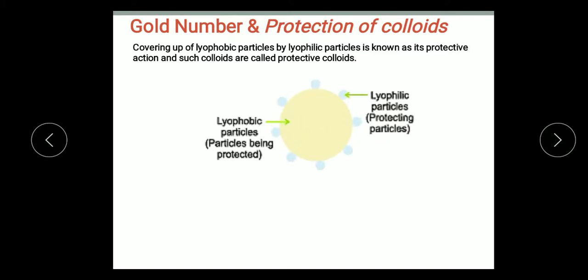You can see here we have a lyophobic particle, and at the surface of this particle lyophilic particles get adsorbed, and thus they protect the lyophobic particle from the action of the electrolyte.